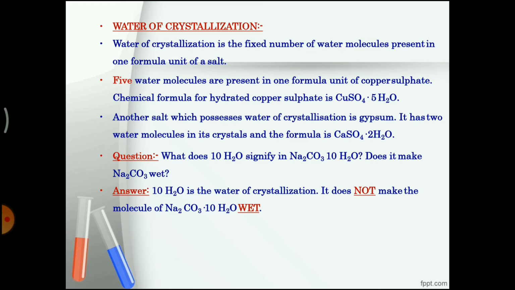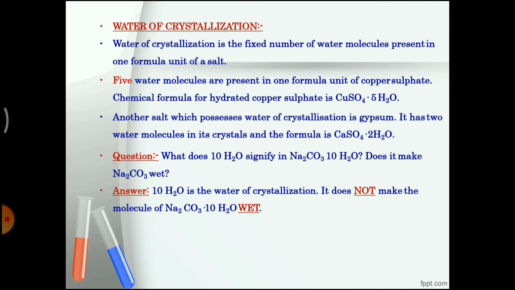Say children. Very good. Another salt which possesses water of crystallization is gypsum. It has two water molecules in its crystal and the formula is calcium sulfate 2H2O, CaSO4.2H2O, called gypsum.